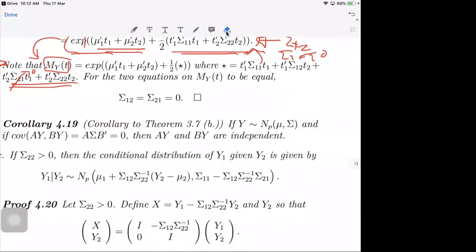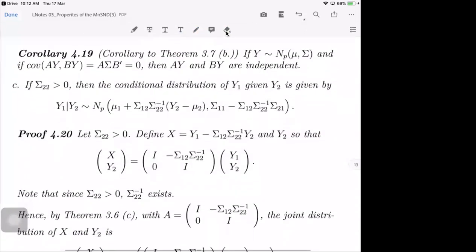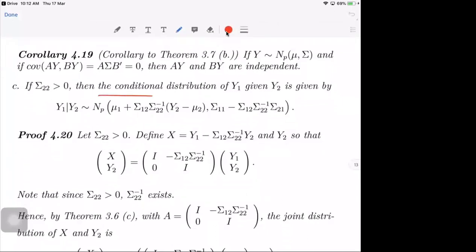Okay. Next, nagisgot ta na ang normal distribution is preserved under marginal. Kining sunod na result will be under conditional distribution of Y1 given Y2. So recall na gipartition nato si Y as Y1, Y2. So kung pangitaon nato ang conditional distribution of Y1 given Y2, as long as na condition, no?